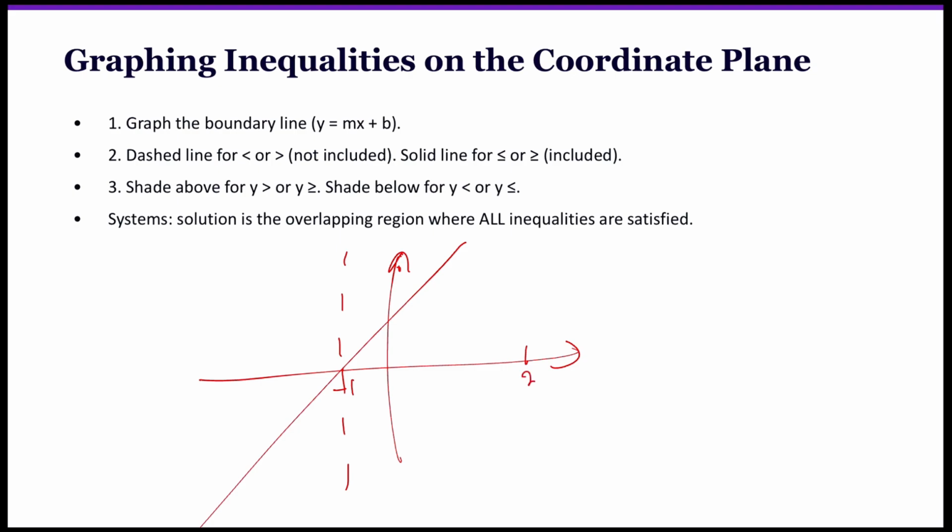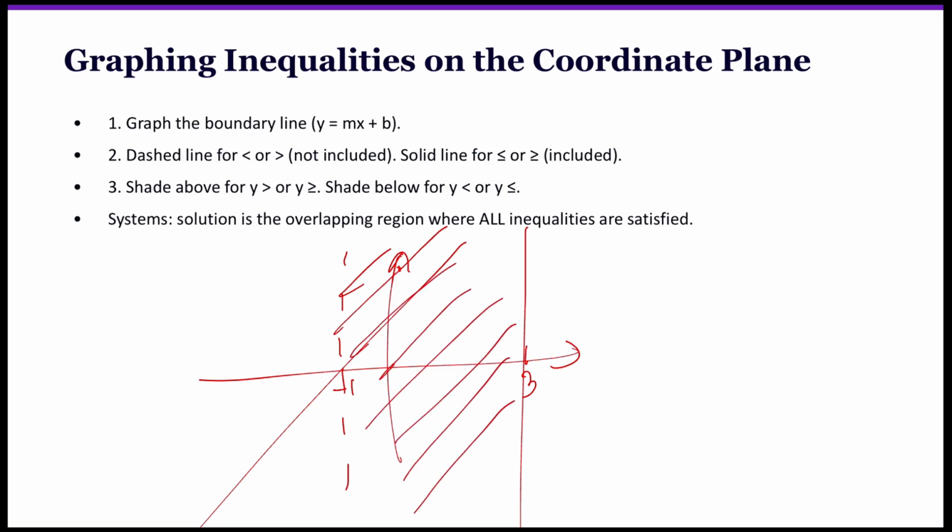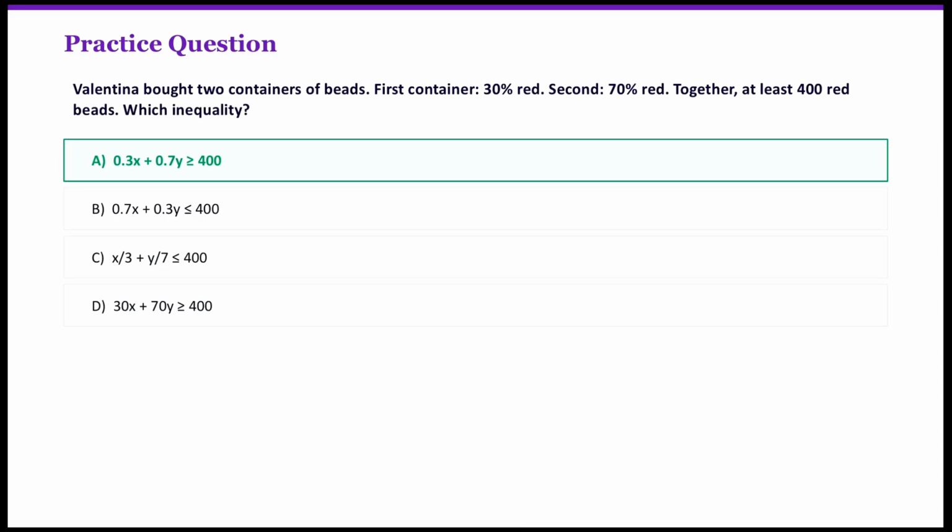So we draw a dashed line to indicate that. And then over here, you have your plus 3. Since this is less than or equal to, we draw a solid line because 3 also satisfies the condition. And then you shade your region if it's an and inequality, and if it's an or inequality, then you shade the region outside of those lines.